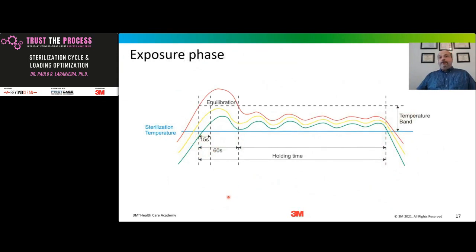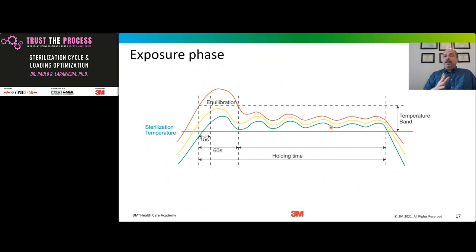All right, now, exposure phase. This is where everything happens related to inactivation of my spores, spore reduction. For us to inactivate our spores, we need to reach this area of the sterilization.